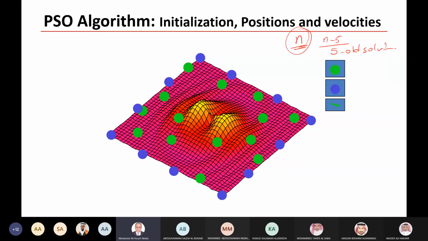It will reduce the number of iterations, or it makes the convergence faster. So you can have also additional solutions if you have, and definitely also you need to initialize the velocity for each particle. So you initialize the velocity for each particle as such. Okay.